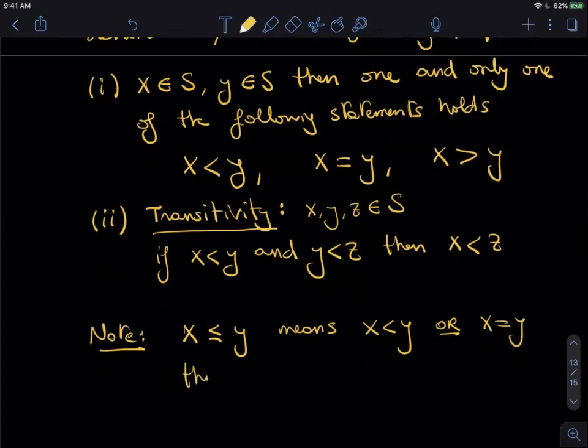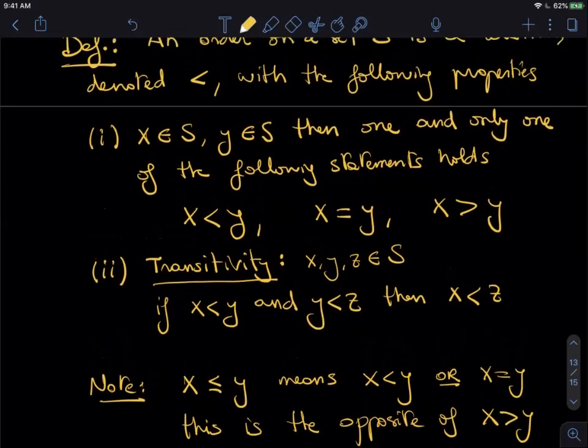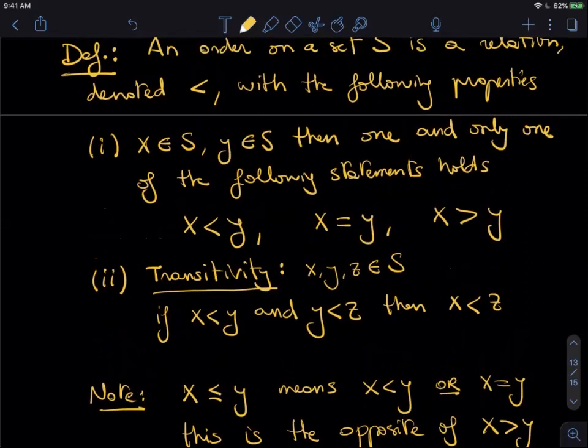This is the opposite of X being bigger than Y. So whenever X is not bigger than Y, that means that it's either less than Y or equal to Y. So this is a relation of order with these two properties.